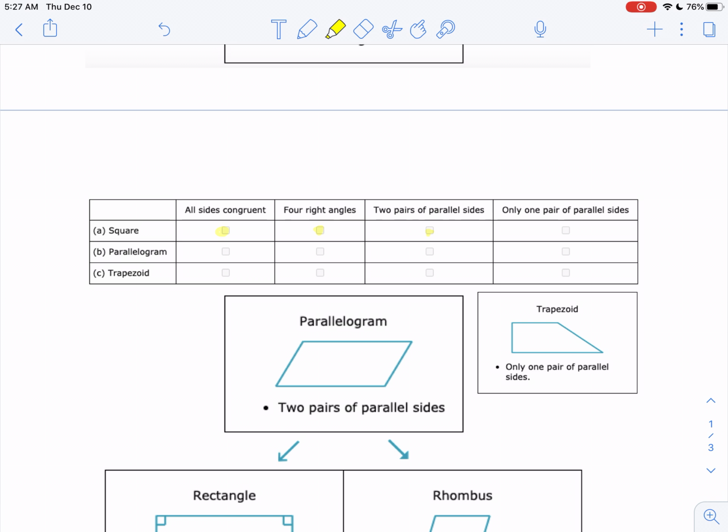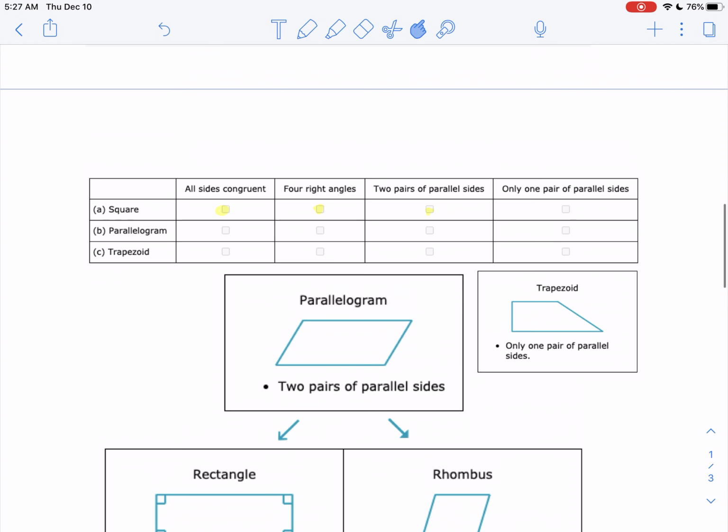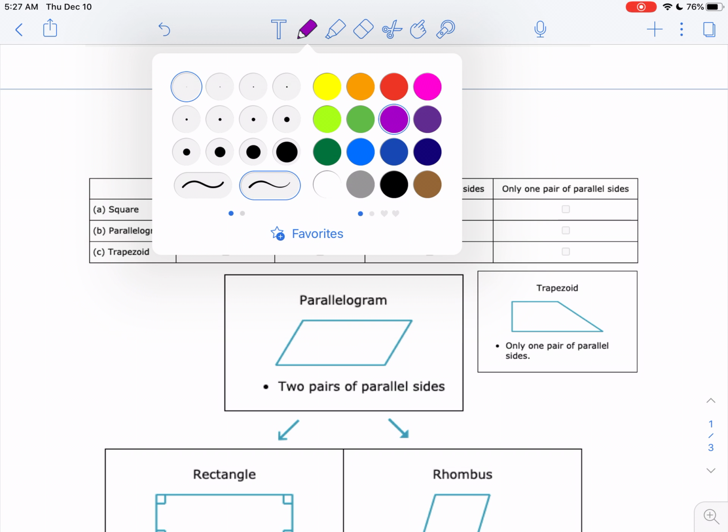A parallelogram now. Does a parallelogram have all congruent sides? No, it doesn't. It has two pairs of opposite sides congruent. Let me write that down here because it's not on there.